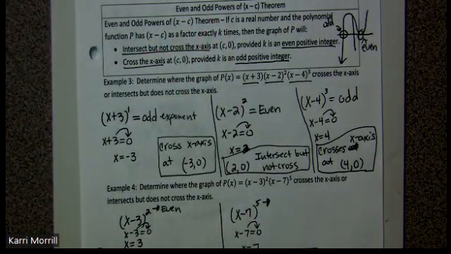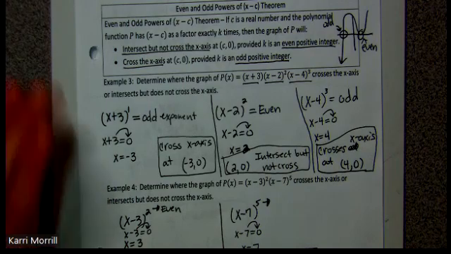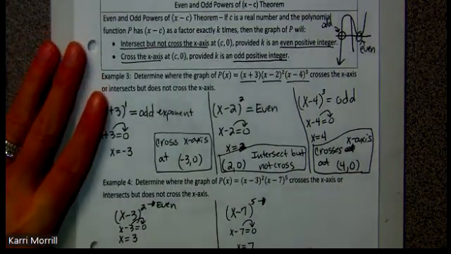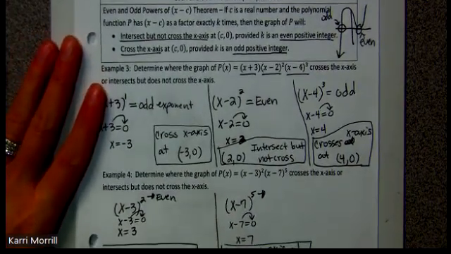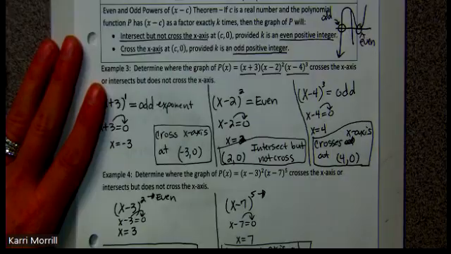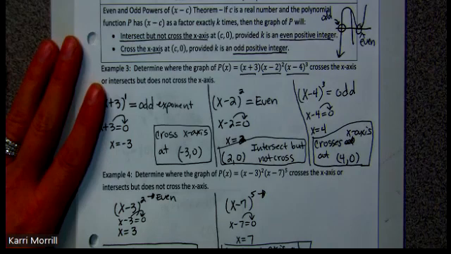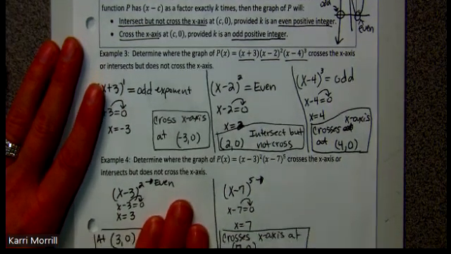We did learn about even and odd powers. It really goes, in my opinion, hand in hand with x and y intercepts, which is a big part of choosing the right graph that we learned. But even and odd exponents tell you if it's going to turn at the x-axis, so that's called intersecting but not crossing, or if it's going to cross it. So when you're asked to sketch a graph, which you will be, you do need to understand that rule for that reason.